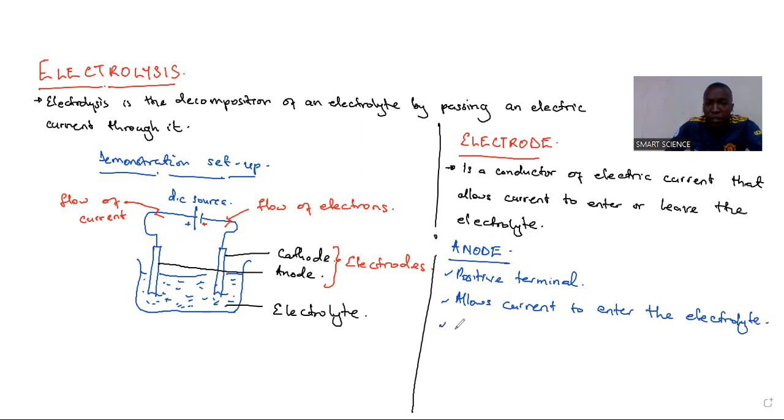The anode only attracts and discharges negatively charged ions, what we call anions.